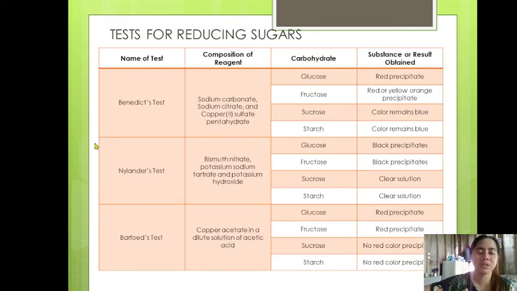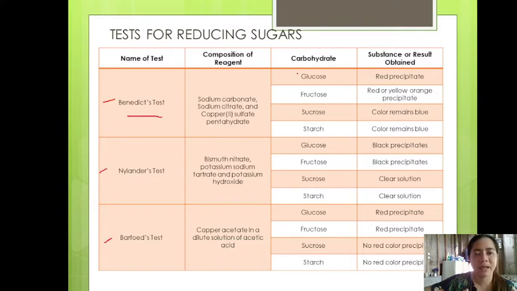Okay, tests for reducing sugars. We have three: the Benedict's test, Nylander's test, and Barfoed's test.